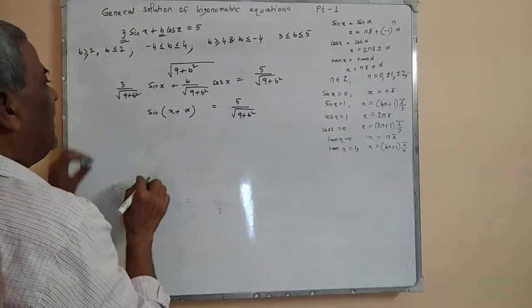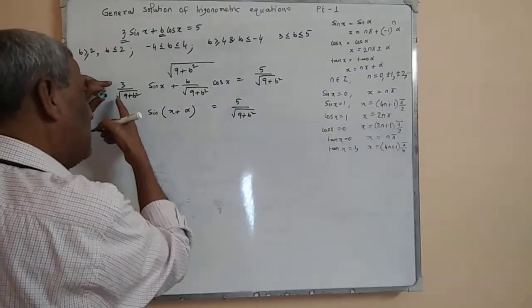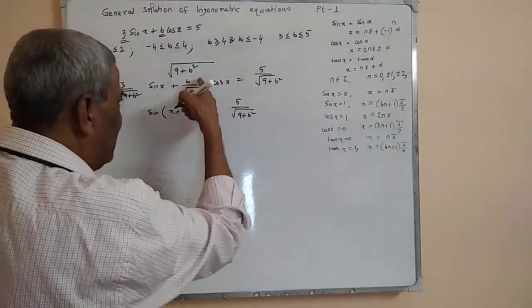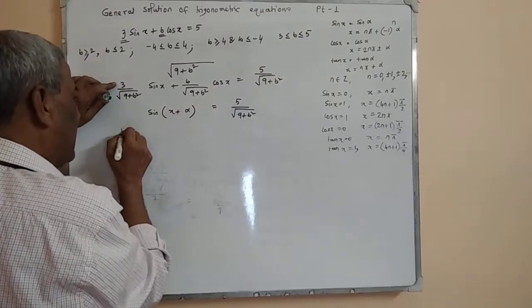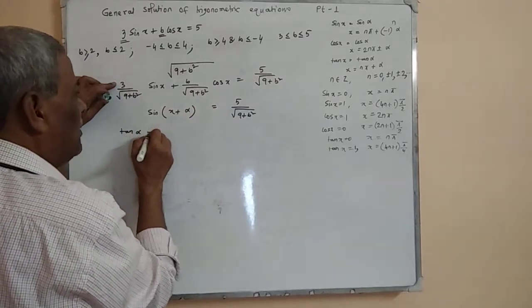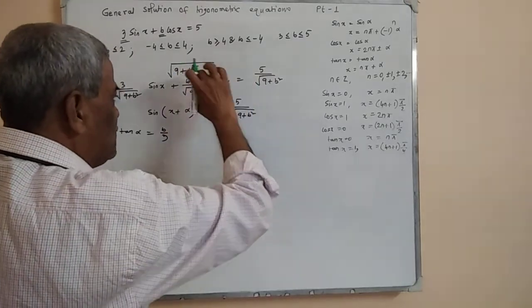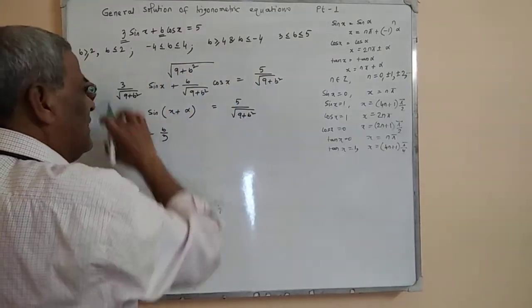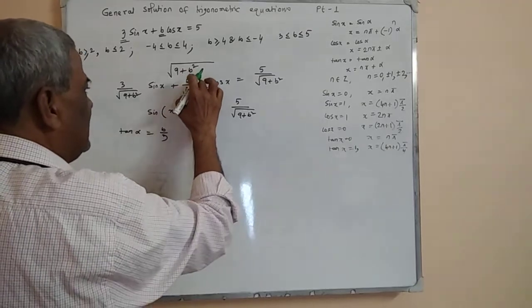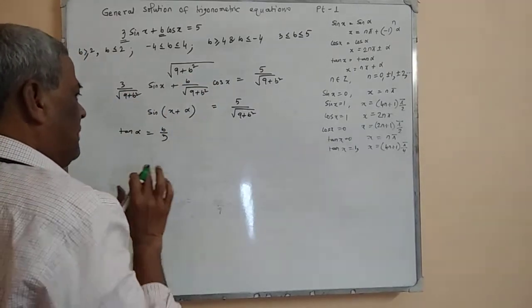Now cos alpha is equal to that and sin alpha is equal to that. That is, tan alpha is b by 3. This is sin alpha, this is cos alpha, so tan alpha is this divided by that, so b by 3.